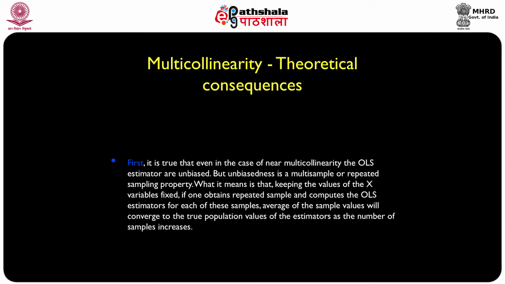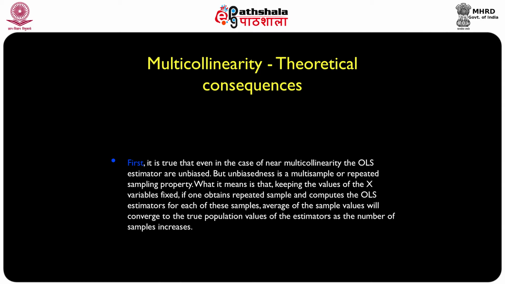Let us look at the problem multicollinearity poses in the mathematics involved in obtaining the estimates of the regression coefficients. First of all, it is true that even in the case of near multicollinearity, the ordinary least square estimators are unbiased. But unbiasedness is a multi-sample or repeated sampling property.